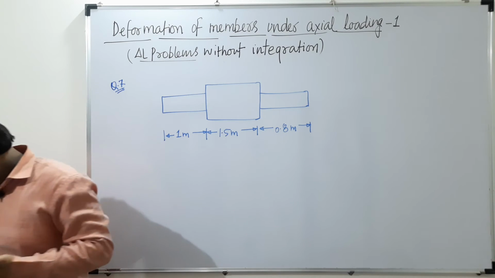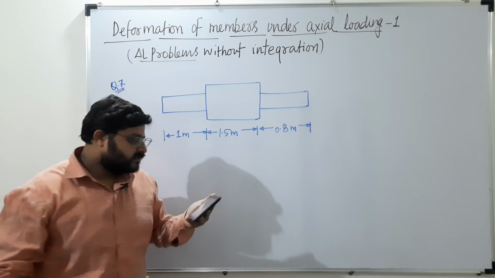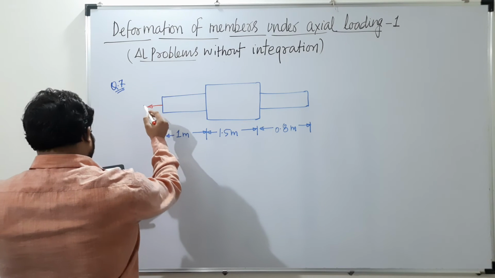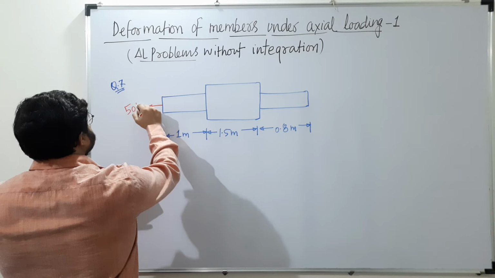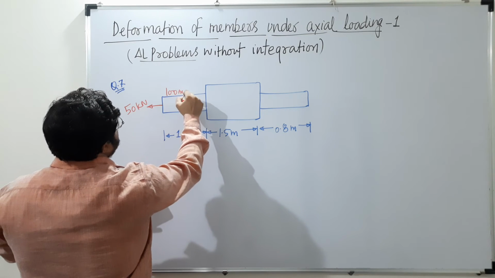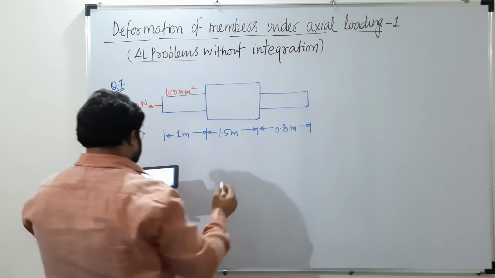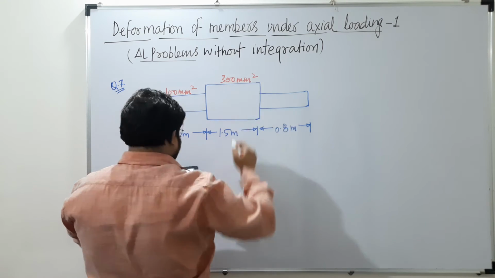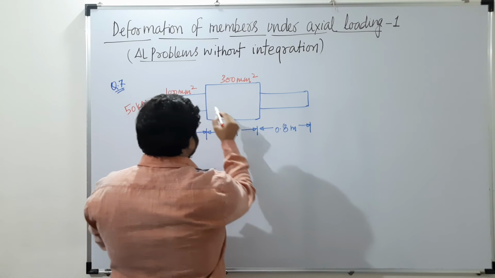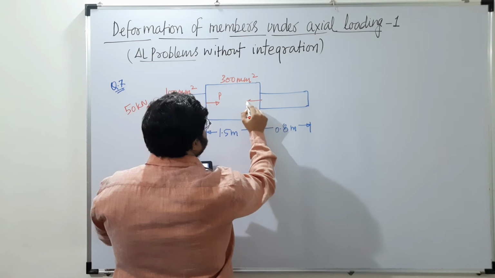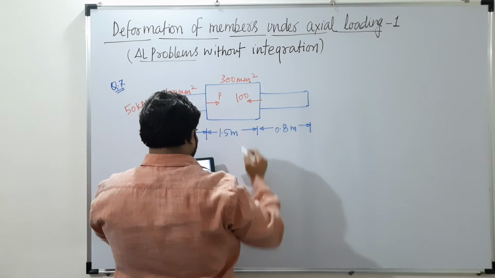Now they are subjected to some forces. What are those forces? At this point it is subjected to 50 kilonewton. This is 50 kilonewton. The area is 100 millimeter square. This is 300 millimeter square. Here they have mentioned a force P, and here they have mentioned a force 100.